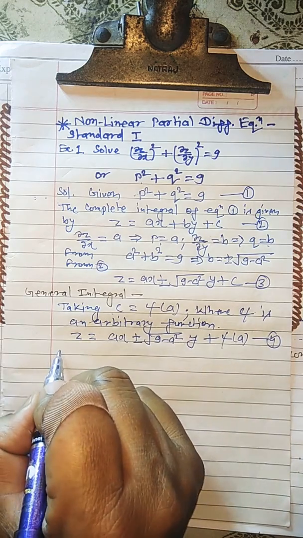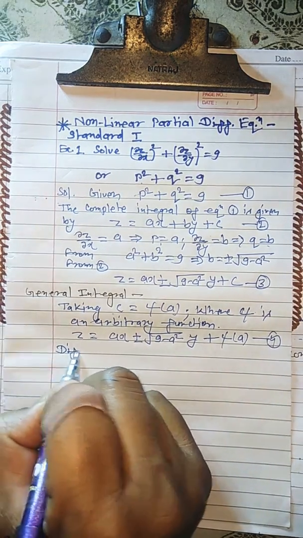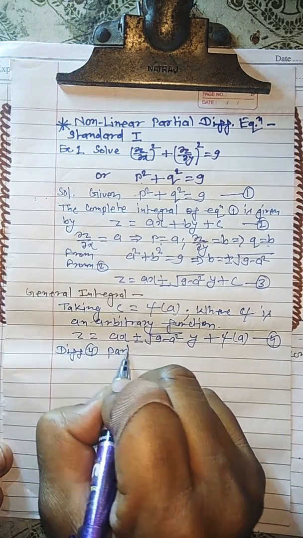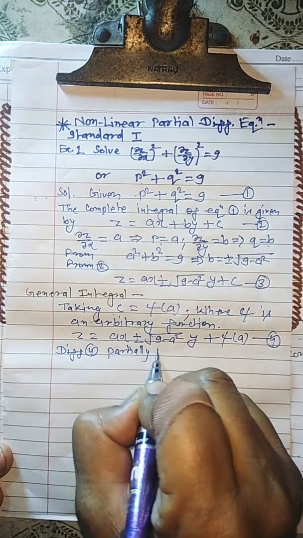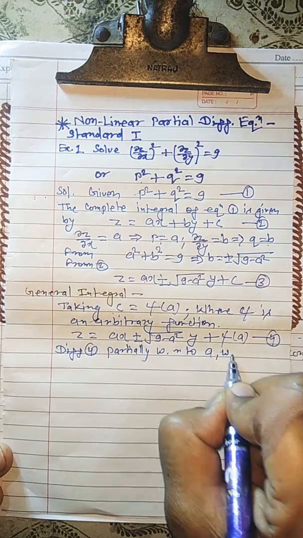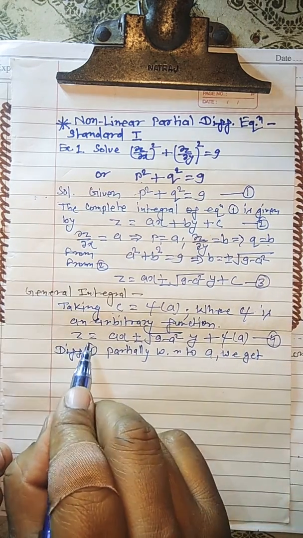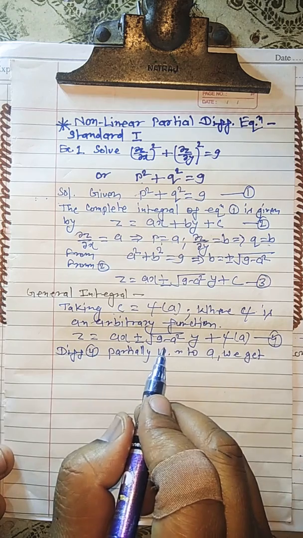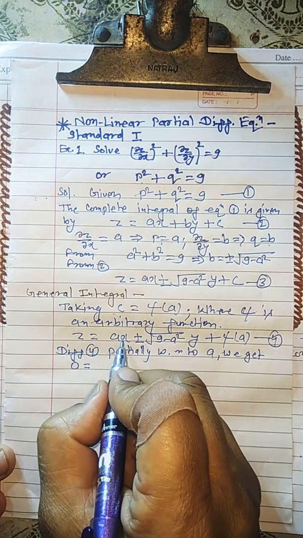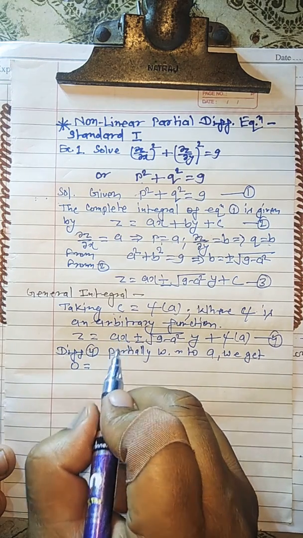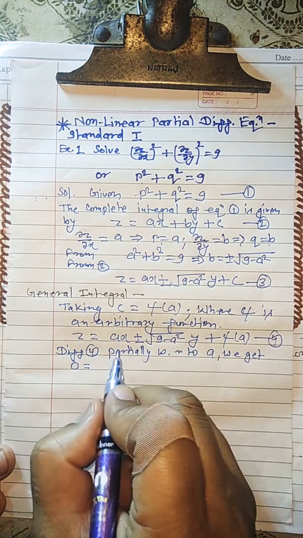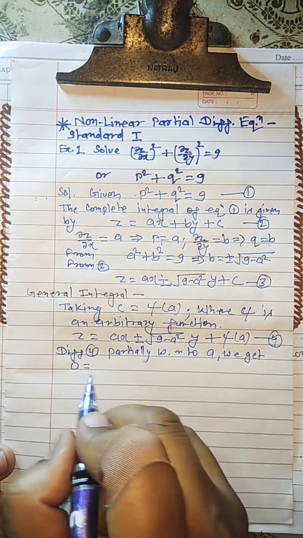Next we differentiate 4 partially with respect to a. First we differentiate this equation partially with respect to a. What we get here? 0. Here when we differentiate with respect to x, then with respect to a, remaining terms will be constant.